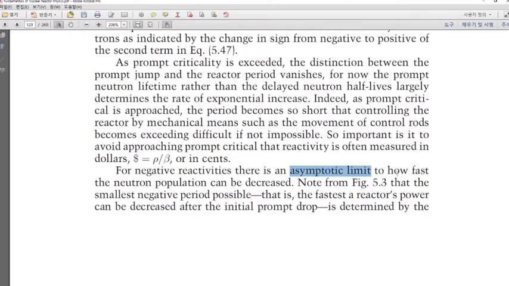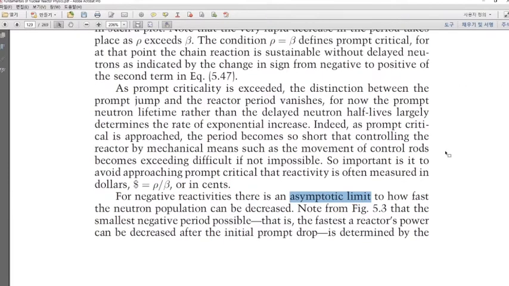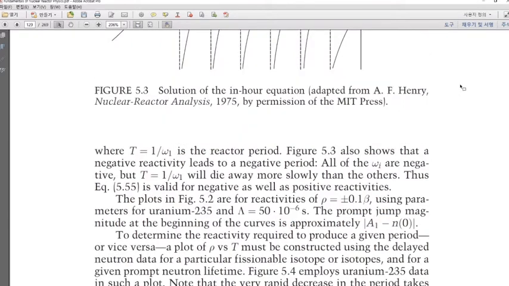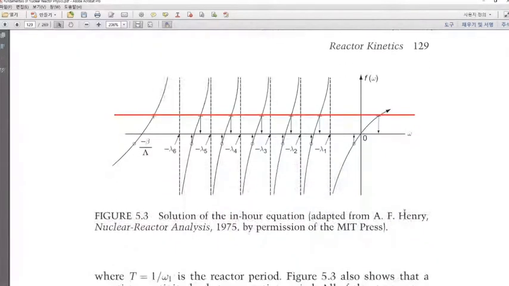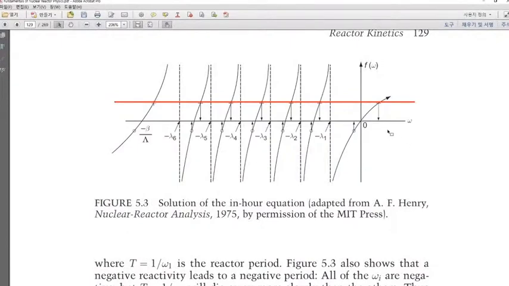For that, we need to move on to figure 5.3. When we see this part of the graph, it continuously increases.